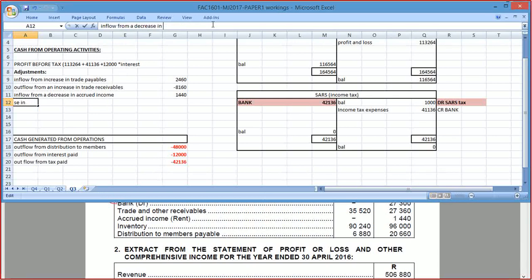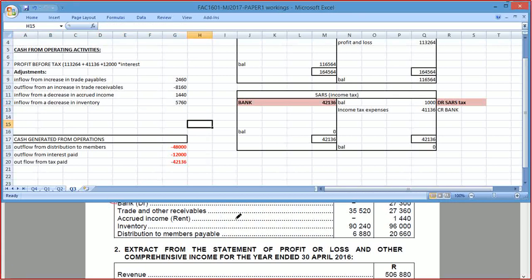Sorry, I was looking at the wrong one. We looked at the accrued income, which is the accrued rent income. If you decrease inventory, that means you're selling it. So this is an inflow: 96,000 minus 90240 gives you that as an inflow.